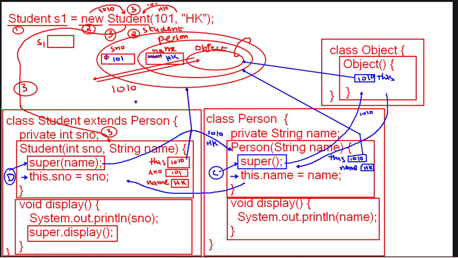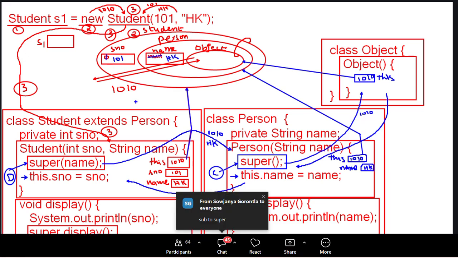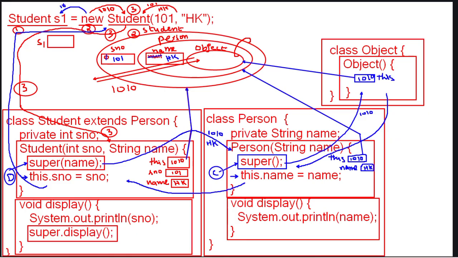Calling is from subclass to superclass, while memory allocation and initialization are from superclass to subclass. After this constructor execution completes, control goes back to main. The new keyword stores reference 1010 in S1.